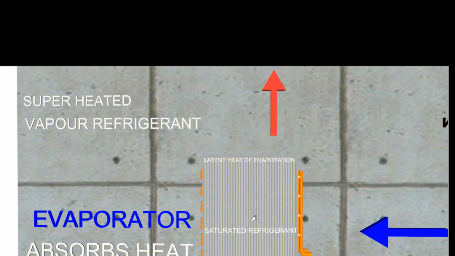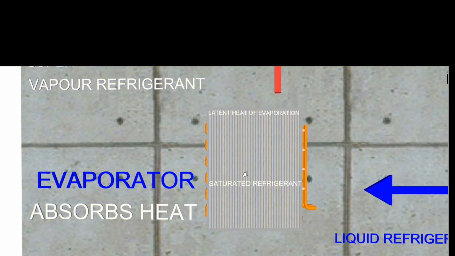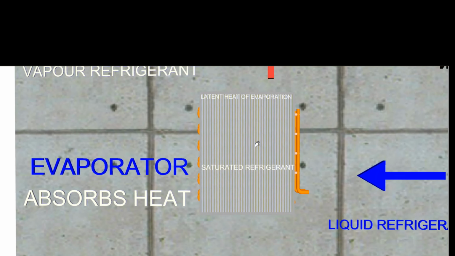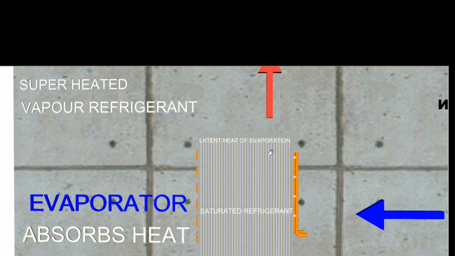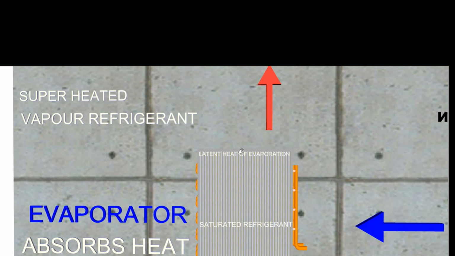All that heat's going to get absorbed. If it came in as 75 degrees, it'll leave as 65 degrees if that's what you want at your house. So basically it goes through a saturated refrigerant stage, and then latent heat of evaporation takes place, and it turns into a complete vapor on the top.